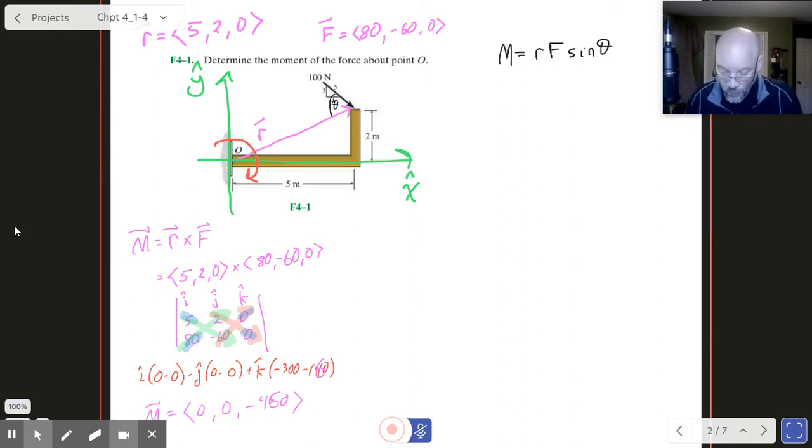So we know that R, we could find the magnitude for R, we could find the magnitude for F. I'm not going to go through that. I mean, that's super simple. But I'm not going to go through with this second method completely because we don't know theta. All right. And finding theta is going to be a whole thing all by itself. Okay. Not hard to do, but it's a whole thing all by itself.